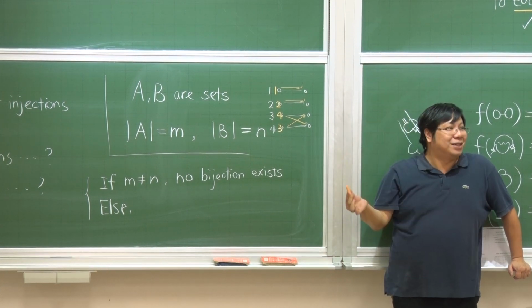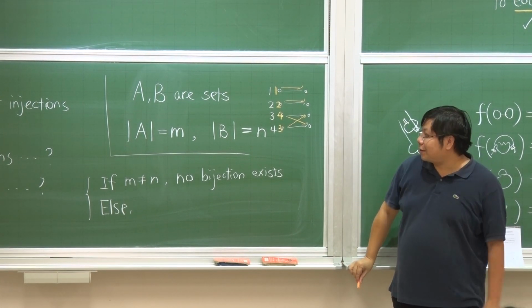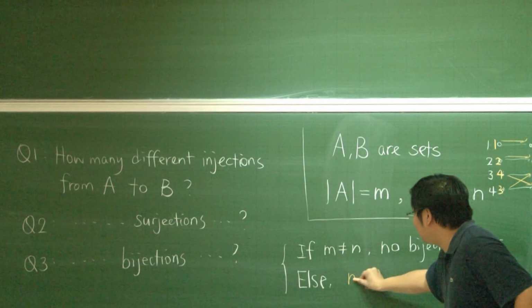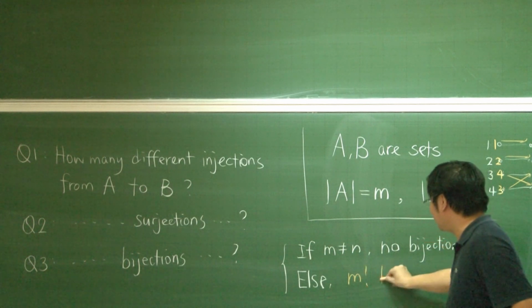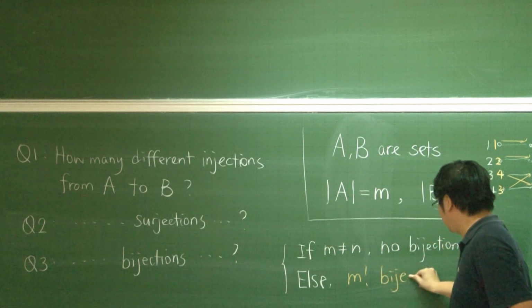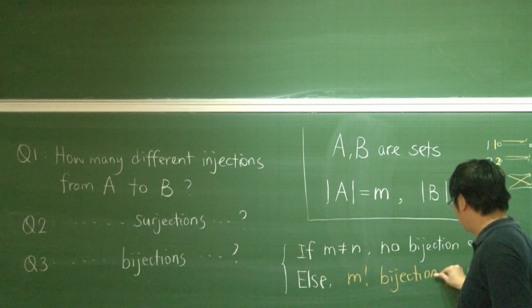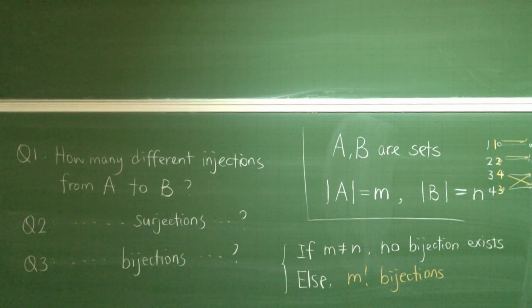Very good. So the number of bijections turns out to be equal to n factorial, or m factorial. Because for each bijection, you can use a permutation of these m numbers to represent it. So there are n factorial of them. Okay, bijections are easiest.